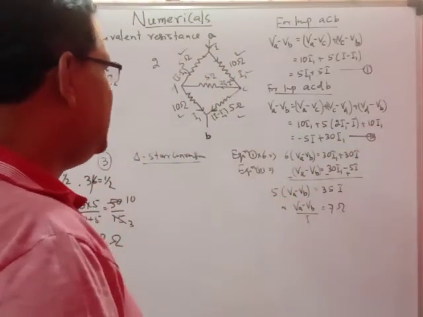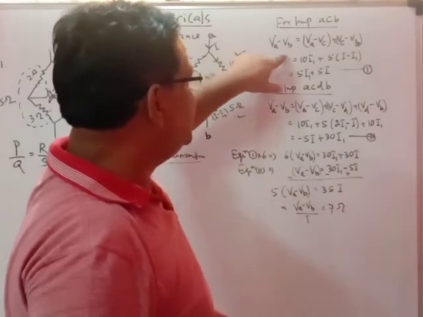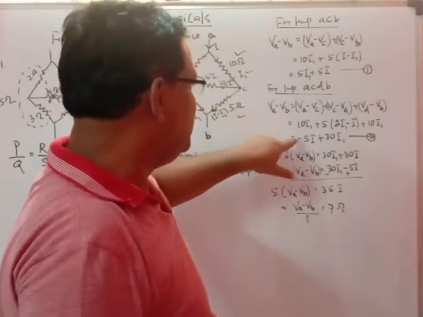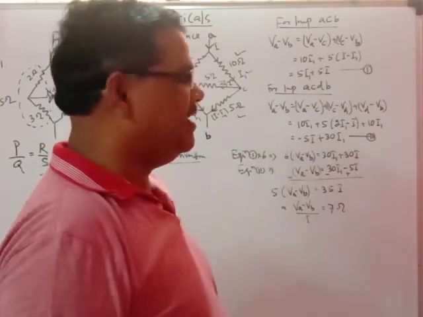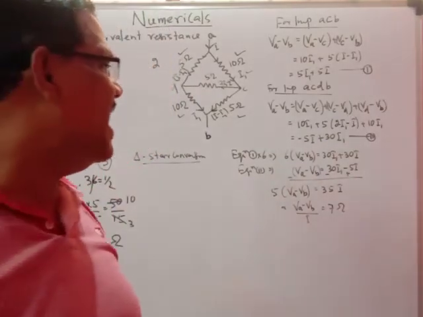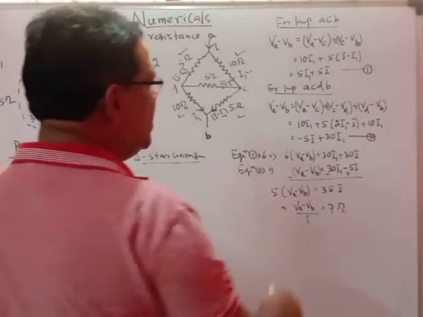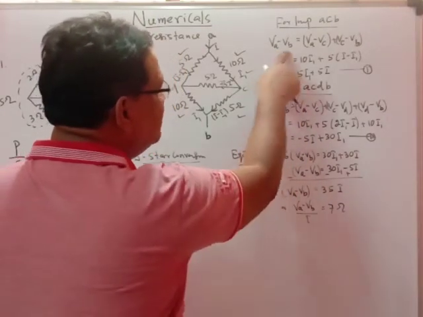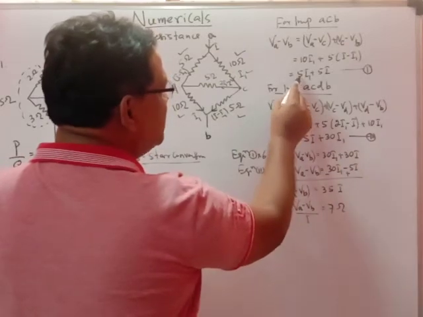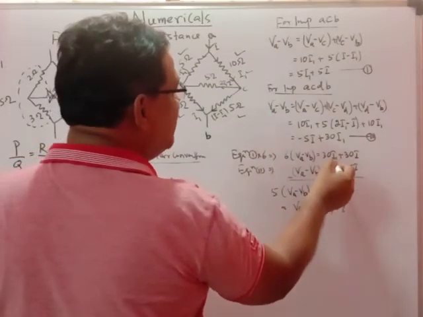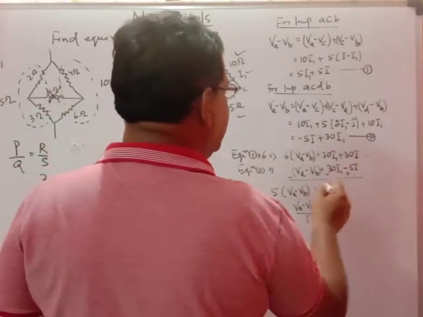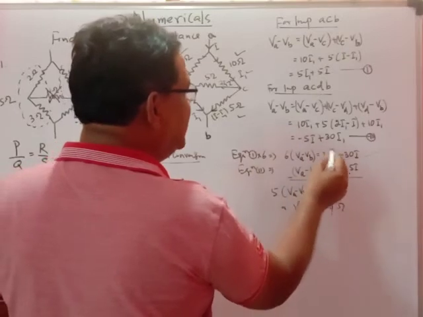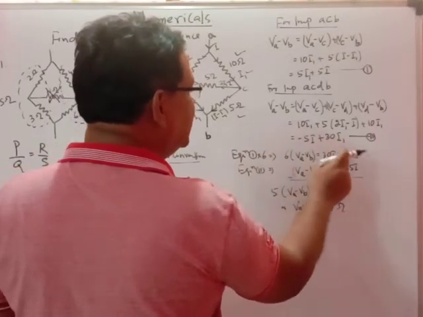So what is our target? From equation 1, you are finding VA minus VB is 5 I1 plus 5I, and from equation 2, VA minus VB equals minus 5I plus 30 I1. So we have to eliminate I1 first. To eliminate I1, we have to multiply equation 1 by 6. So 6 times VA minus VB equals 30 I1 plus 30 I, and equation 2 is VA minus VB equals 30 I1 minus 5I.